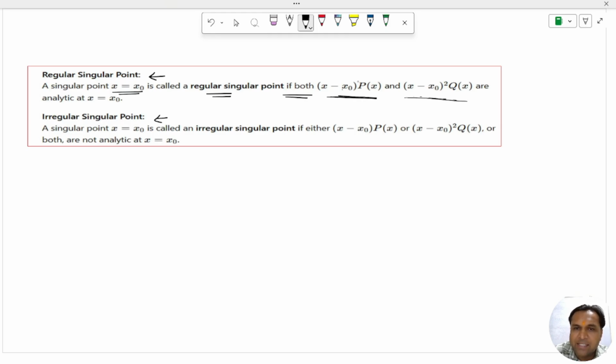After checking these, whatever function we get, if it is analytic at x equal to x0, then we can say it is a regular singular point, and if it is not analytic at that point, then it is an irregular singular point.